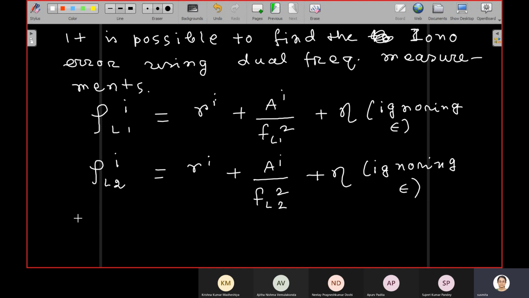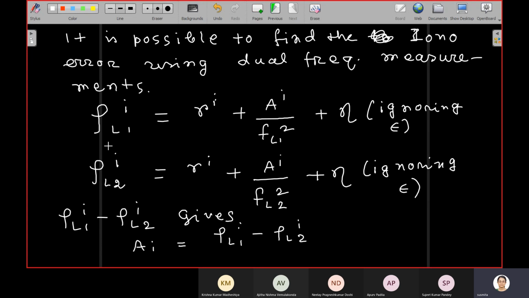So by taking the difference between the two measurements and rearranging the terms, AI is given as follows. I'm not showing the intermediate steps. You can do it. It is straightforward.